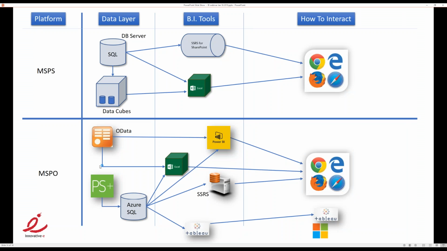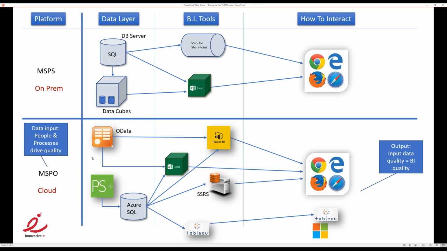So architecturally, there are 4 different components to this: Microsoft Project Server, which is on-premise, and Microsoft Project Online, your PPM in the cloud, and where things reside. So on-premise, you have your own servers, you have access to everything, you can do a lot more, right?